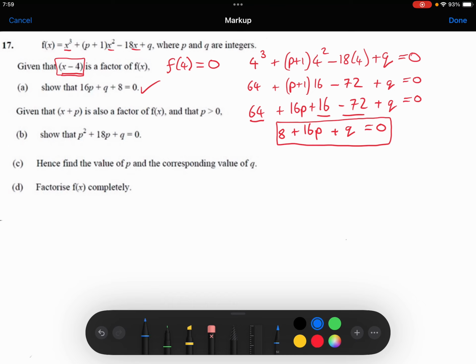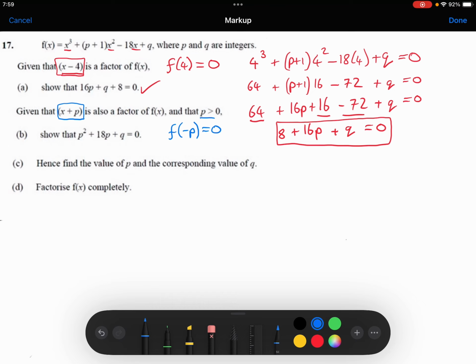Part B, we're told now that x plus p is also a factor. We've also been told that p is greater than 0. So I'm going to use the factor theorem again. This time, if x plus p is a factor, that means that when I substitute minus p into the function, I'll get 0.